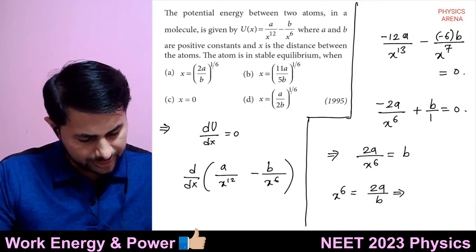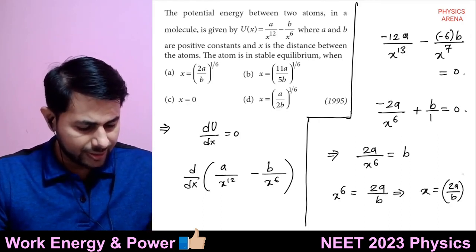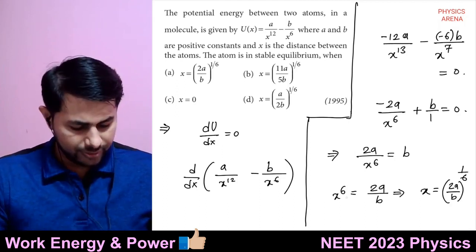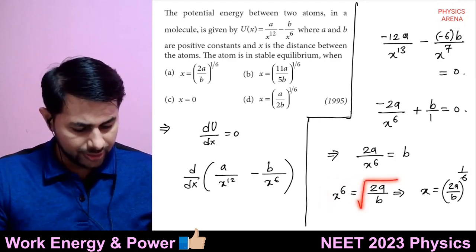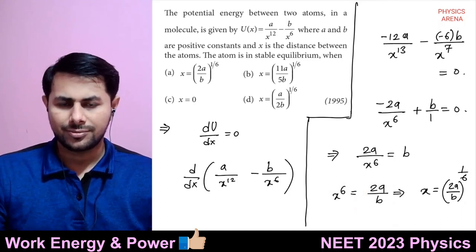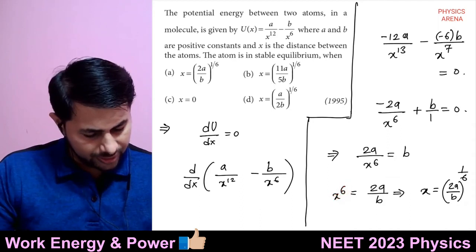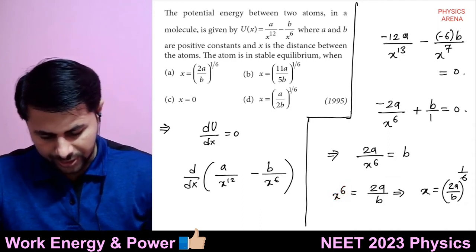And this gives you x equal to 2a upon b raised to 1 by 6. You take the sixth root on both sides because you have x raised to 6. So this is the answer, 2a upon b raised to 1 by 6. Option A is the answer.